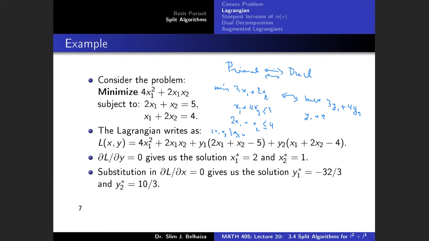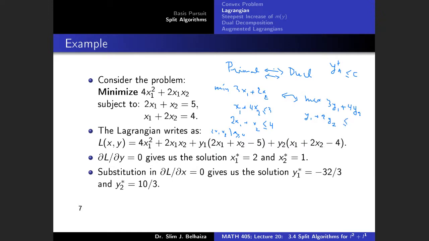As I said last time, the condition of the dual is A transpose y less than or equal to c. So I'm taking the transpose of A. It's y1 plus 2y2 less than how much?